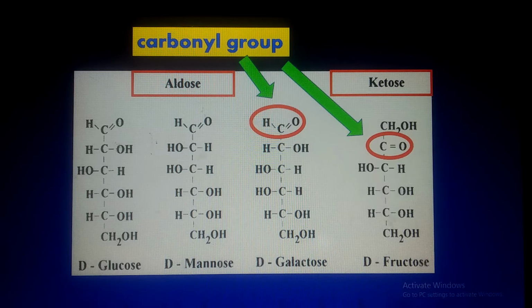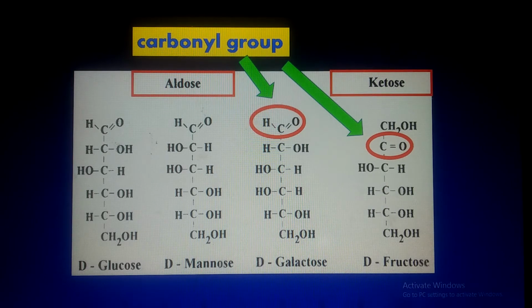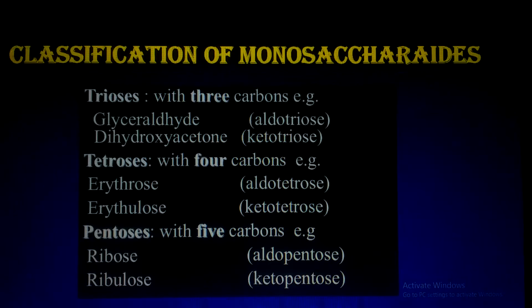Aldose means aldehyde containing. All these are aldehyde containing, like glucose. Keep it in your mind if you have to solve any MCQ: glucose, mannose, galactose are aldehyde containing monosaccharides, and fructose is a ketone containing monosaccharide. Is it clear?